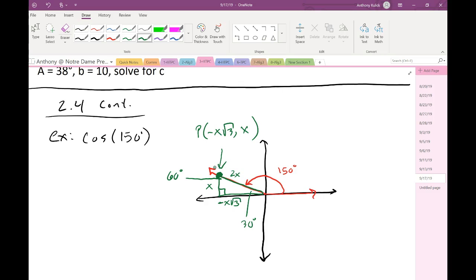So now I can use my definitions of cosine. I can say that cosine is x over r, or since I've drawn this triangle in here, I can say it's still adjacent over hypotenuse. Or just negative square root 3 over 2.